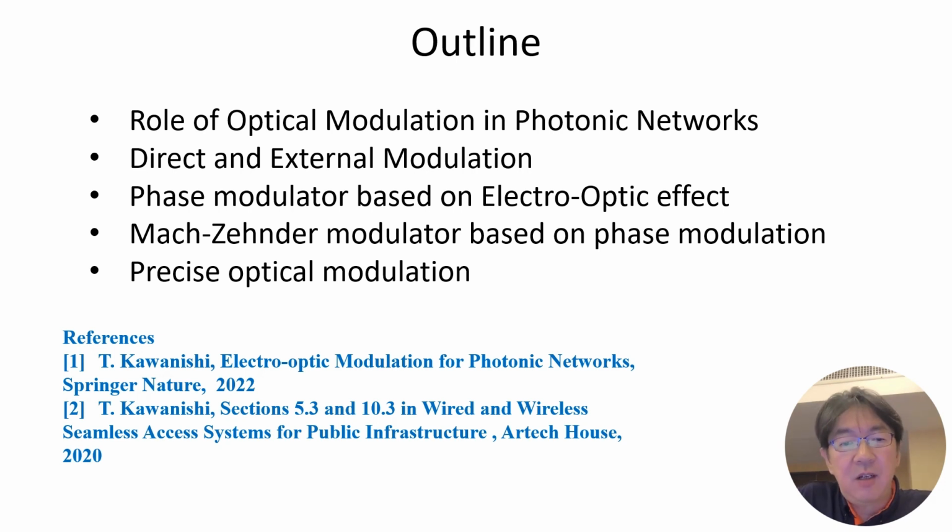In the last part of this presentation, I talked about vector modulation. Vector modulation plays very important roles in high-speed transmission systems. QPSK is commonly used for long-haul transmission. And in the last part of my talk, I explained the importance of high extinction ratio modulation.